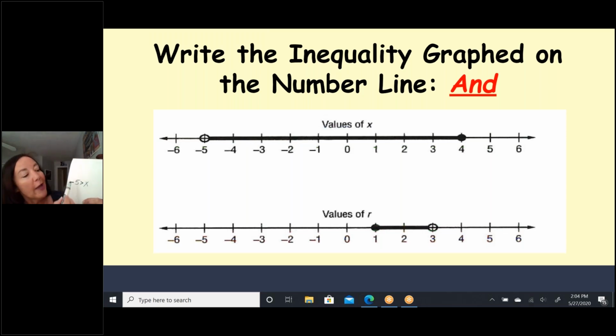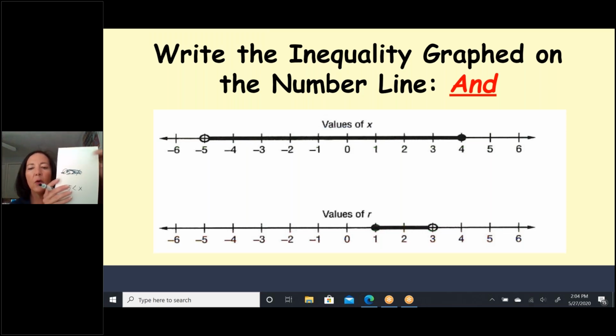So this is what I'm saying. I always want to read it starting at the variable because otherwise our brain gets confused. So from the variable, it's x is, oh, look at me, look at my brain getting confused. X is greater than -5, okay?